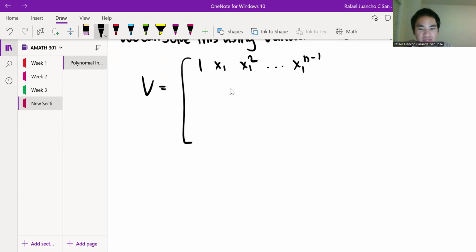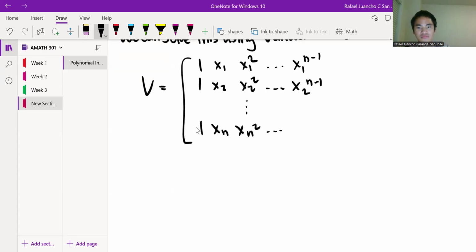And then I do that again and again and again. 1, x2, and so on, then I go all the way to n. Right? And then from there, we can just find C, the coefficient C.